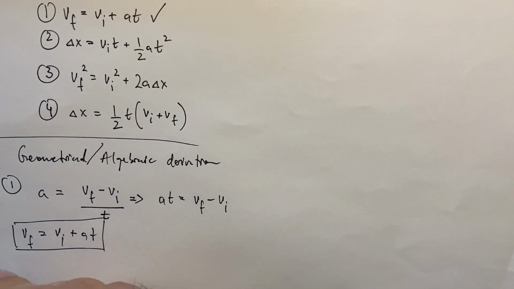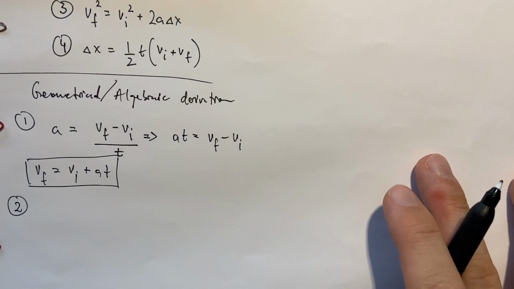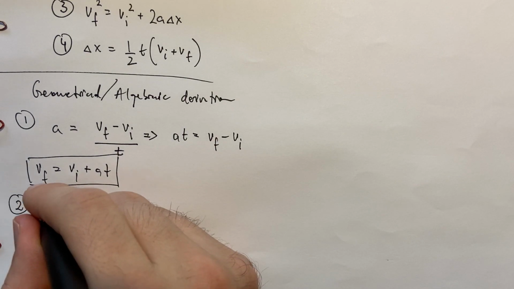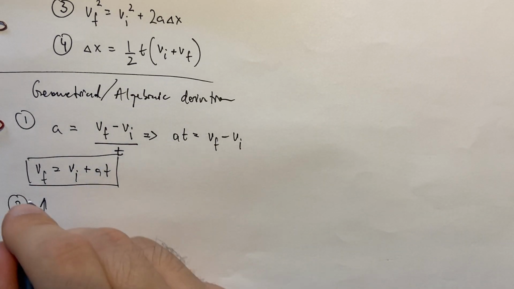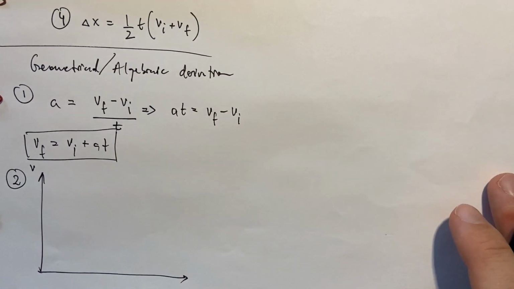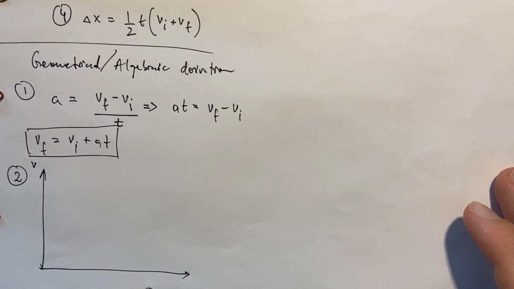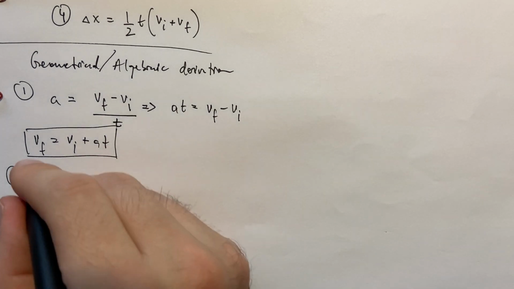What about the second equation of motion? Well, for this one, we need to draw a diagram. A vt curve. So on the y-axis, we have the velocity, and on the x-axis, we have the time.